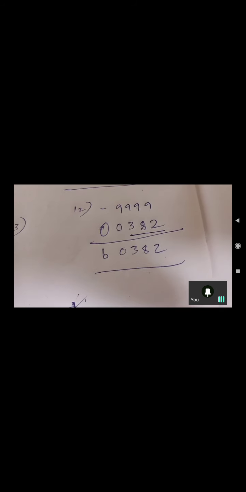Similarly, the minus symbol here is going to convert the leading zeros to blank spaces. So in the first position we have a blank space, and in the rest of the 4-digit positions we get the same value, 0382. So this is going to be the resultant value.